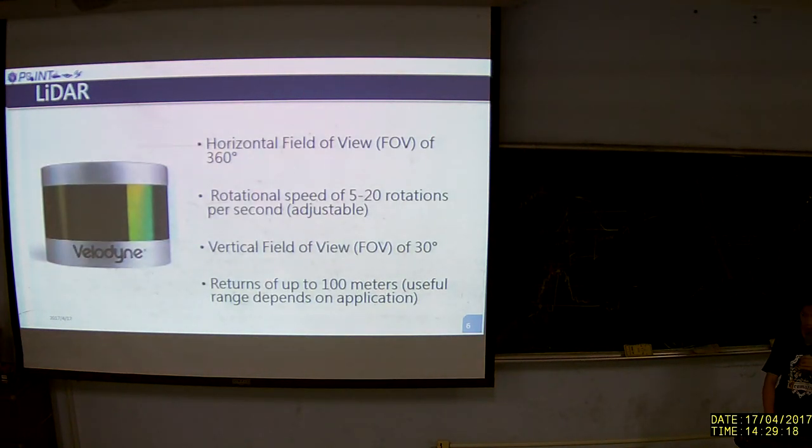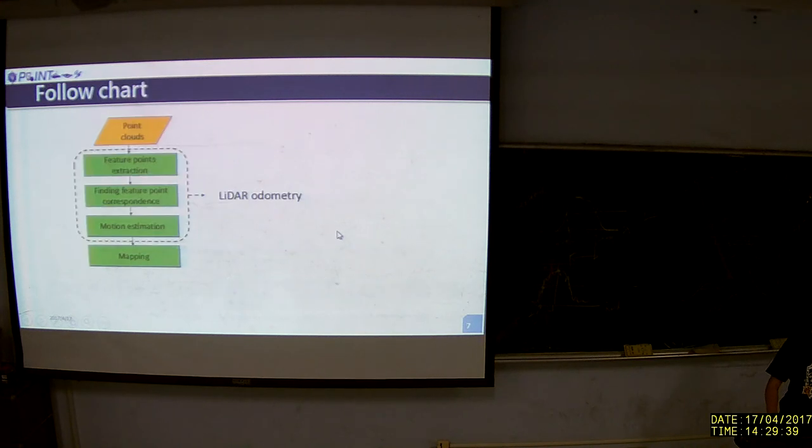So in this study, I use a low-cost LiDAR, which is small and cheaper with many good features, so it is easier to use for our study. Here is the flow chart of my study.